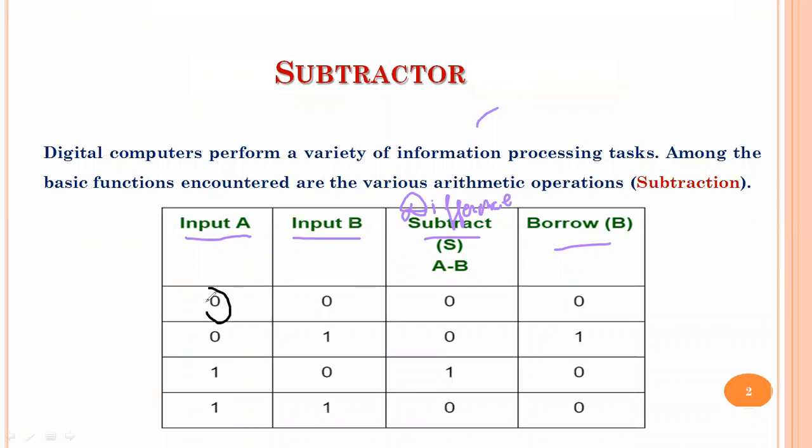See, we have first 0 and 0. When both the terms are 0, the difference is 0, and we need not carry any borrow to subtract the second value from the first value.